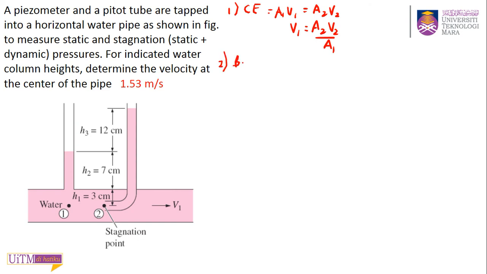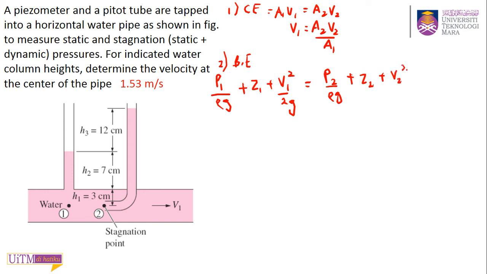Secondly, your Bernoulli equation. Okay, again I think at this stage you should ingatlah your Bernoulli equation. So P1 over rho G plus Z1 plus V1 squared over 2G equal to P2 over rho G plus Z2 plus V2 squared over 2G.